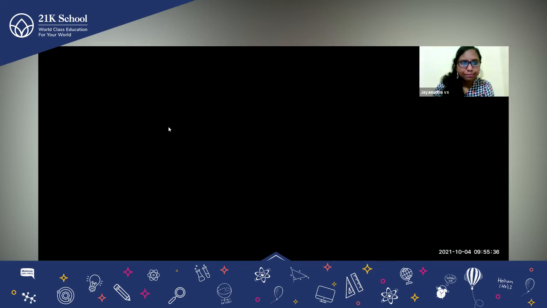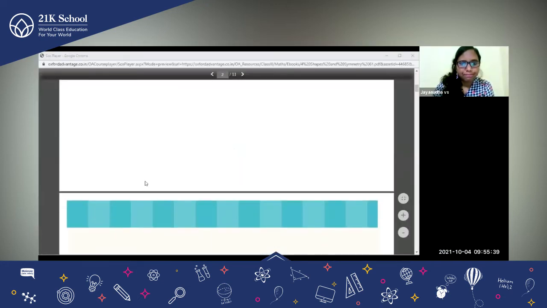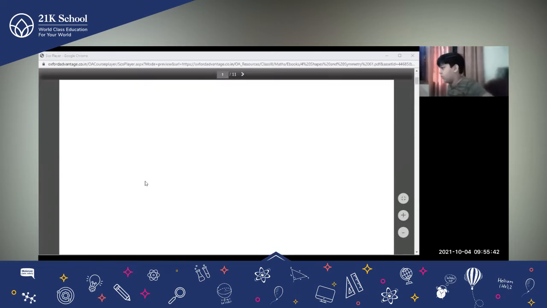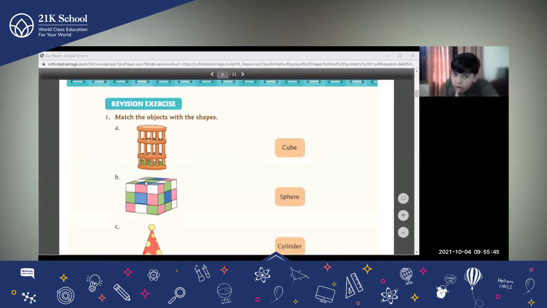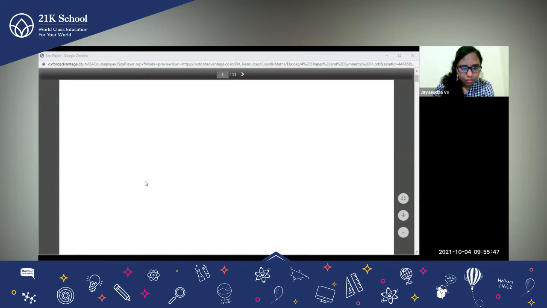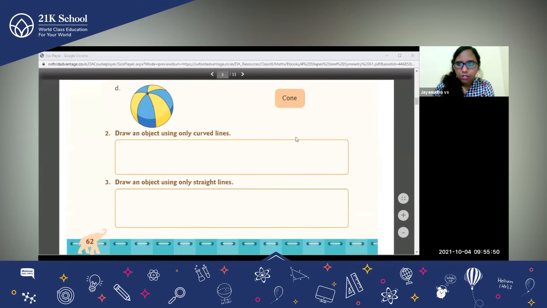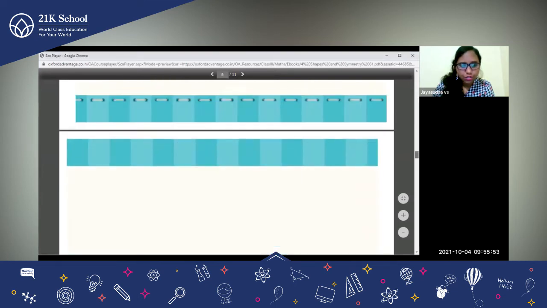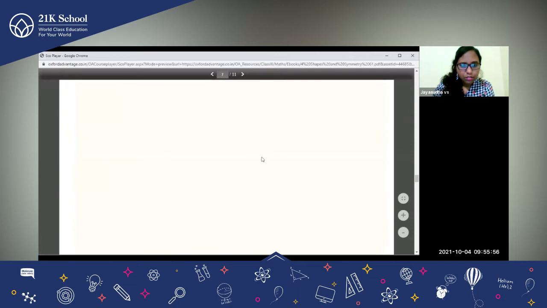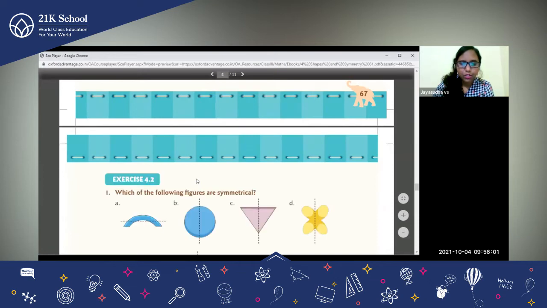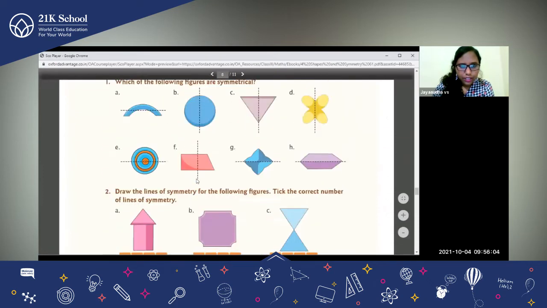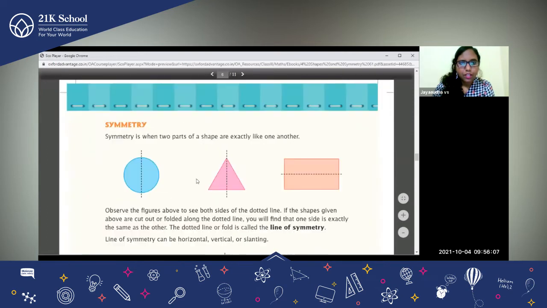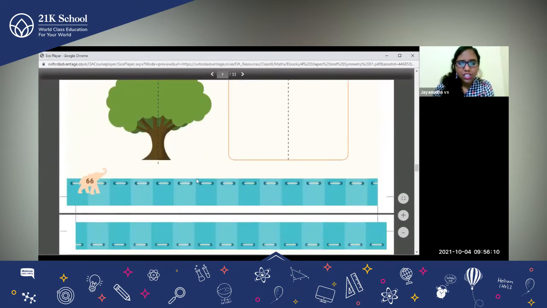Those who have found the page, you can start. It's page 66 in your student book. I gave it in the chat box also. Page 66.